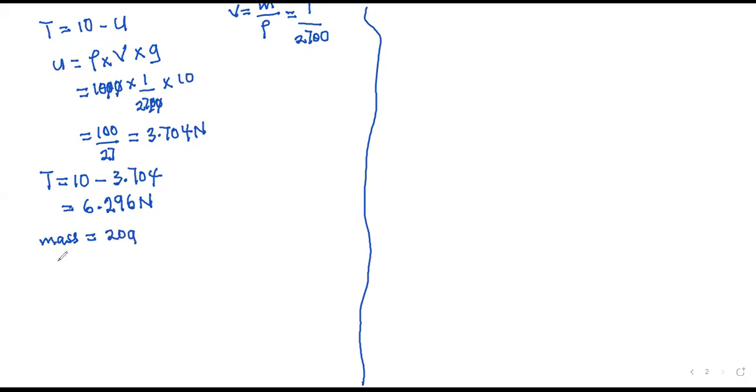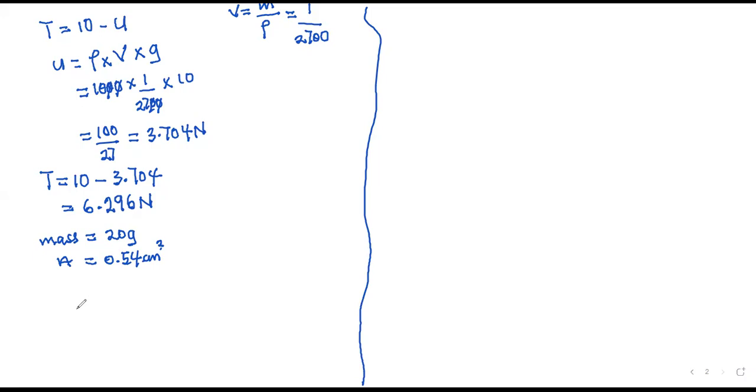The cross-sectional area of the hydrometer, we are told, is 0.54 centimeter squared.